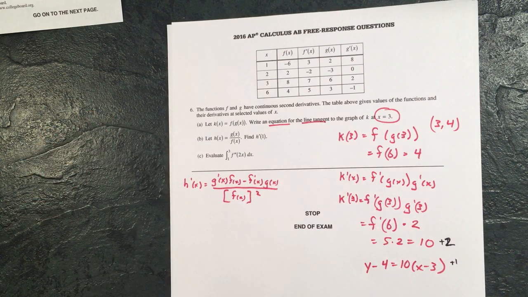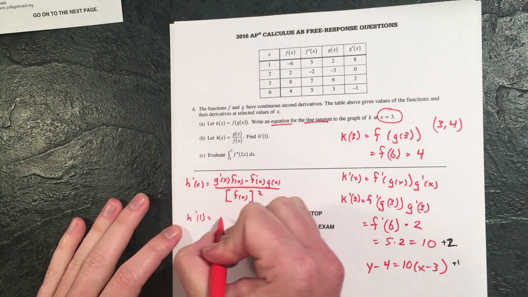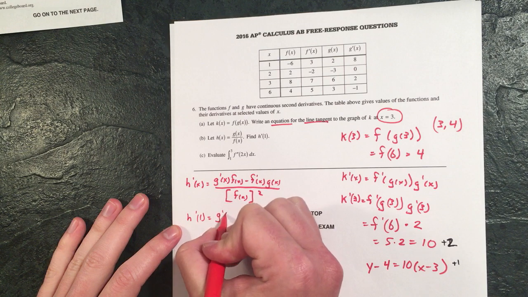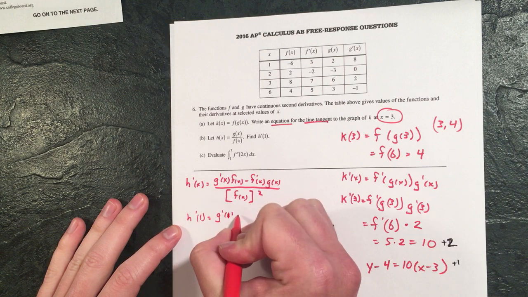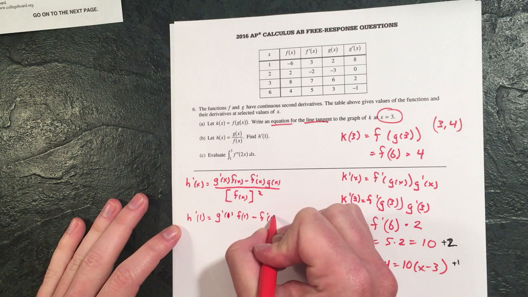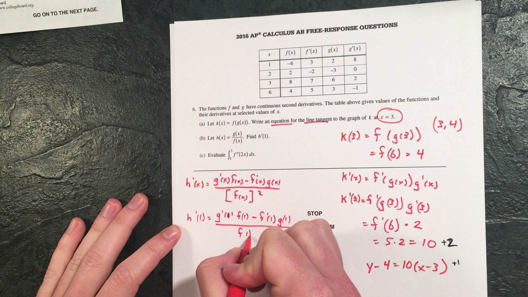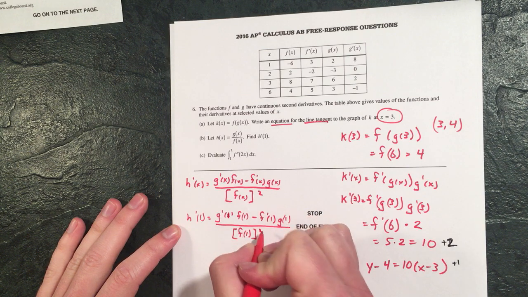And I think it should look something like this. Now we have to evaluate at 1. G prime of 1, f of 1, minus f prime of 1, g of 1, all over f of 1 squared.